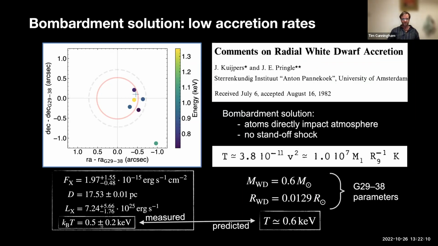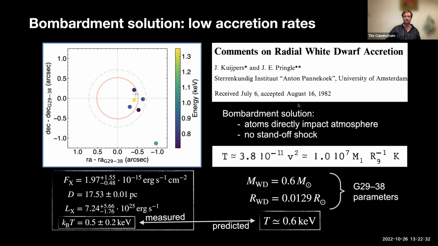The temperature that we've measured, we think, is the first confirmation of this bombardment solution that was proposed by Kuipers and Pringle back in 1982. Most accreting objects that are measured in X-rays are forming a strong standoff shock as the infalling material approaches the stellar surface.